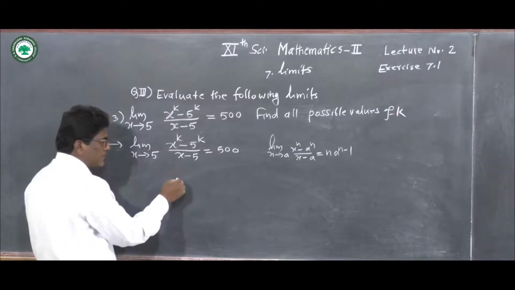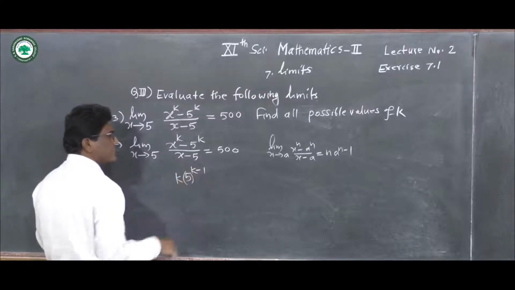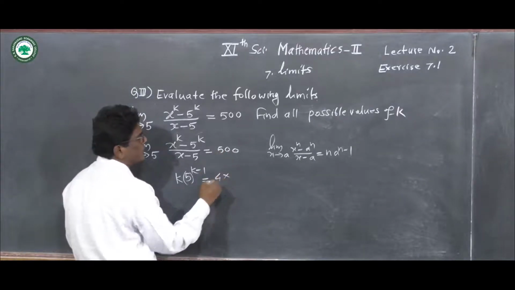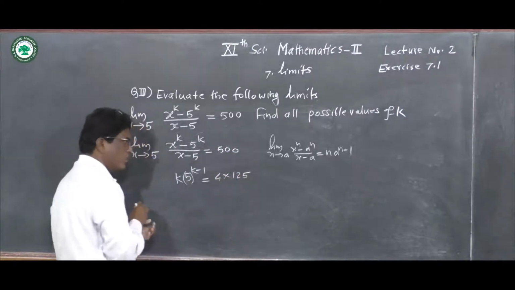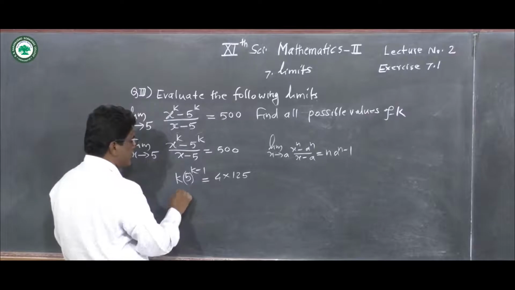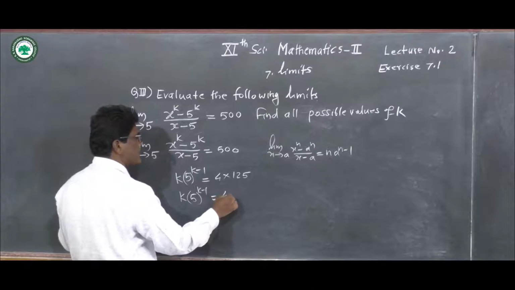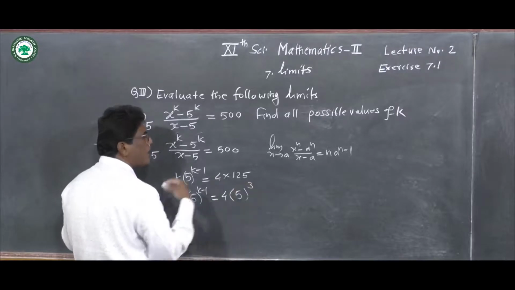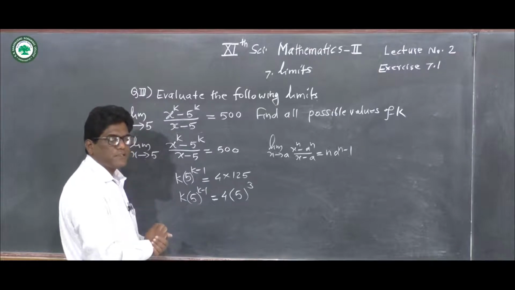So the formula is k into 5 to the power k minus 1. We write this 500 as 4 into 125. So we take k into 5 to the power k minus 1 is equal to 4 into, here 5 to the power 3, this 125, 5 into 5 into 5: 5 5s are 25, 25 3s are 125.